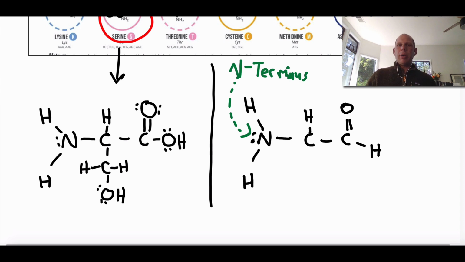So all amino acids are actually these three-atom molecules where you have an N-terminus, a middle carbon region, and a C-terminus right here. So all amino acids look exactly the same, but they differ based on what is hanging off of that central carbon, and we call that the R group of the amino acids.